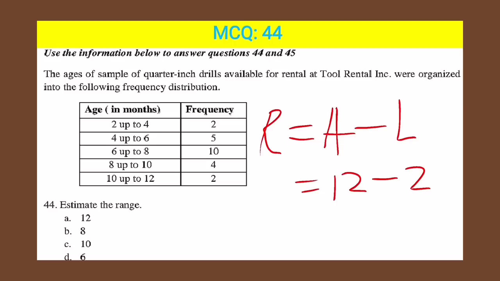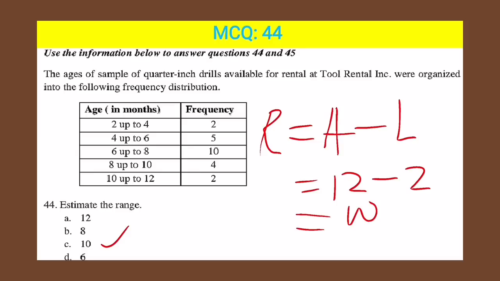That is the higher class boundary limit compared with the lower class boundary limit. You can also straight away work it out, if it is ungrouped data, by just taking the highest and the lowest, and that will give you your range. So your range here is 10. So the answer is C, that is 10.